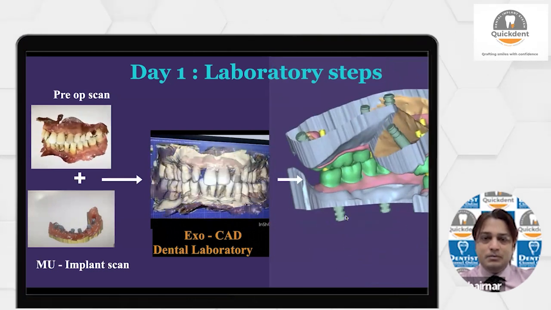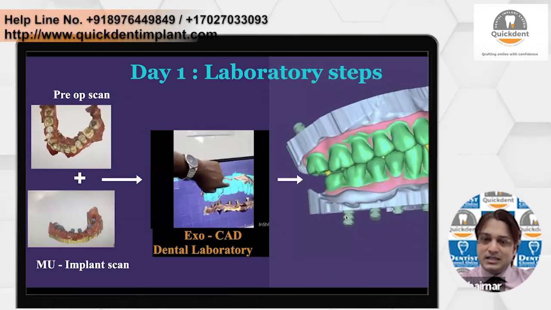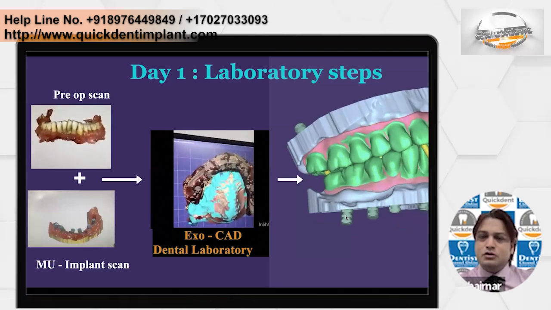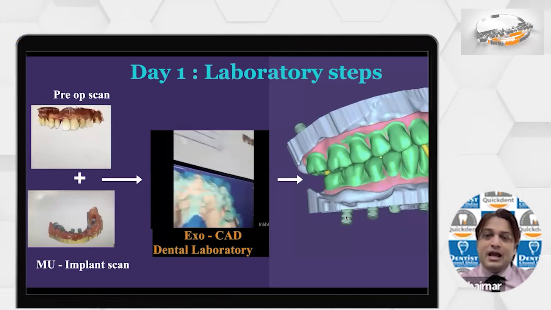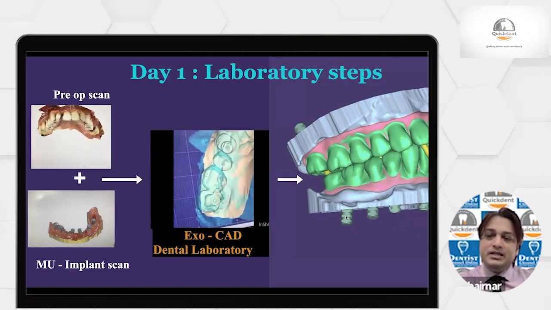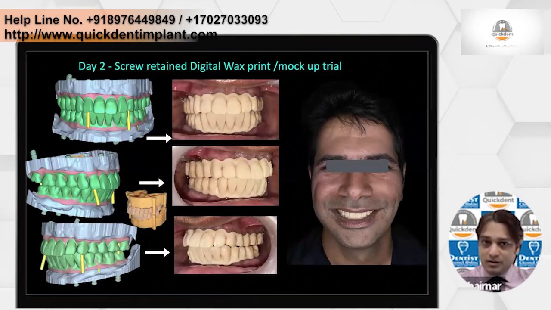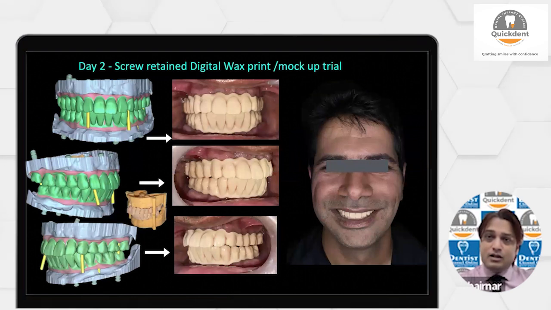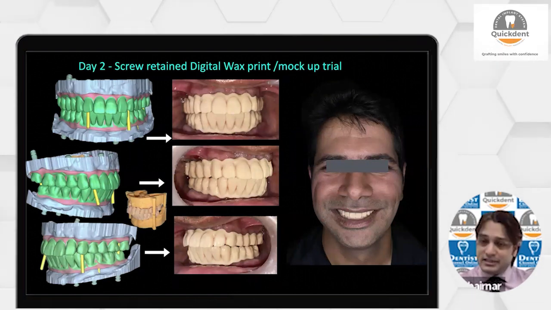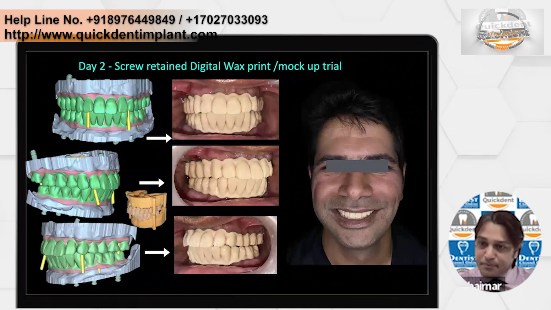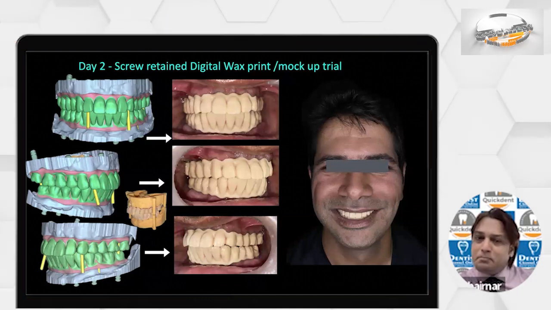Now he will be overlapping the implant scan over the pre-existing teeth, on certain software which they have, that is Exocad software. And after that he will be designing a complete set of new teeth on the basis of the patient's pre-existing records. Okay, everything is designed. He will print it.